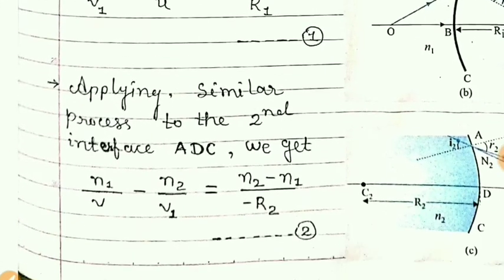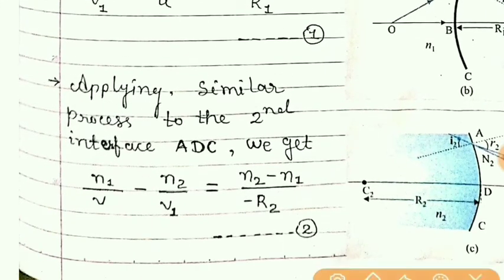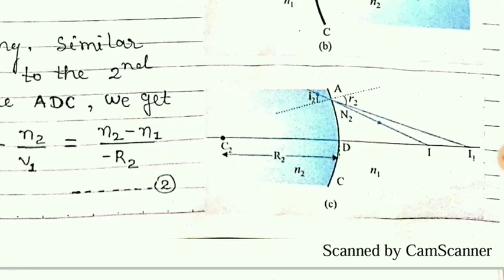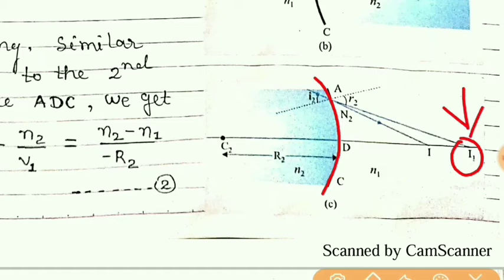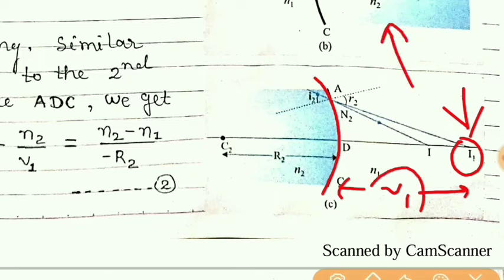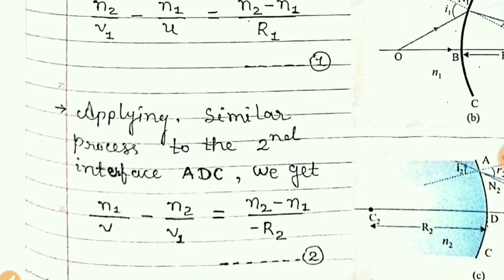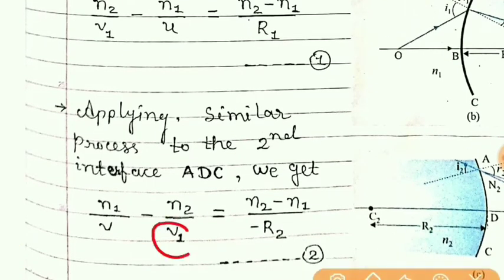Now students, applying a similar process to the second interface, that is ADC. Look at this interface. Now this image formed by the first surface behaves as an object, and V1 was the image distance due to that first surface. So this V1 now becomes the object distance for the second surface, and that's why you can see here this is V1.